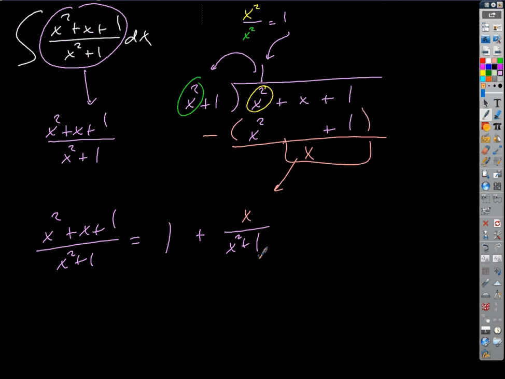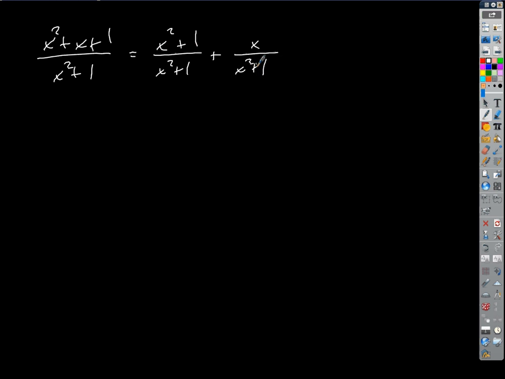In this case, there is a shortcut way to do this, because look at this original integrand. You get x squared plus x plus 1 over the common denominator, x squared plus 1. So just split this into a sum of two separate fractions: x squared plus 1 over my common denominator plus x over x squared plus 1.